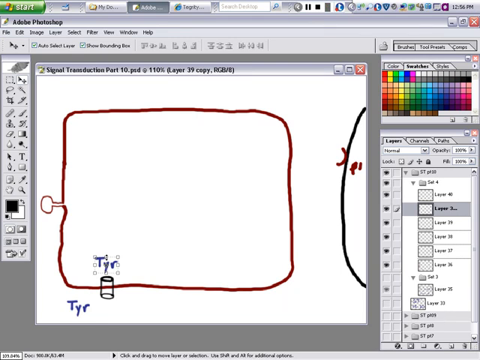Okay. Now, the next thing that has to happen: tyrosine has an OH on it, but we're going to add another OH to tyrosine. And again, we're not going to really worry about the structures right now.